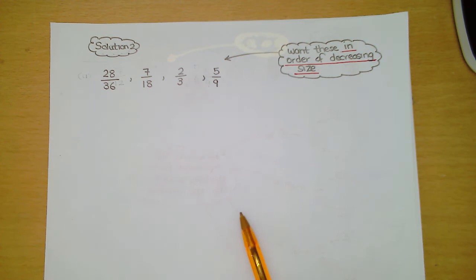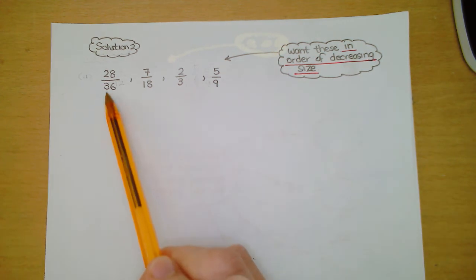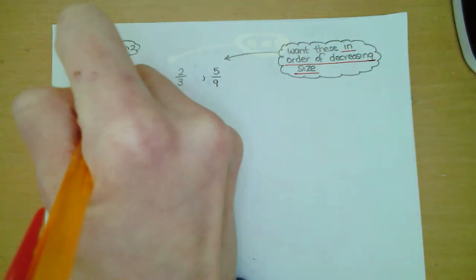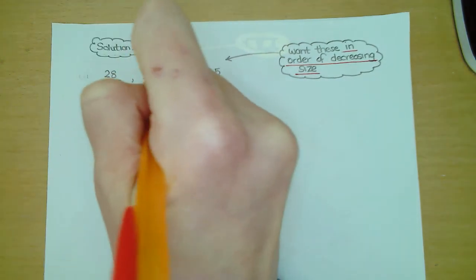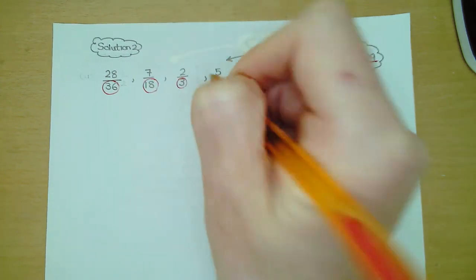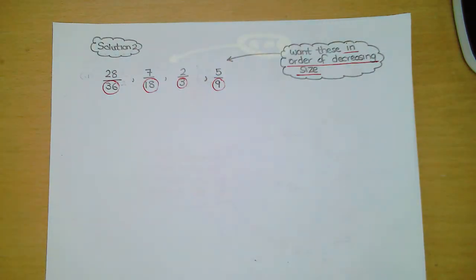So before we do that though, we need to make the denominators of all of the fractions exactly the same. So circle all the denominators: 36, 18, 3, 9. And we look for the smallest number that they go into.